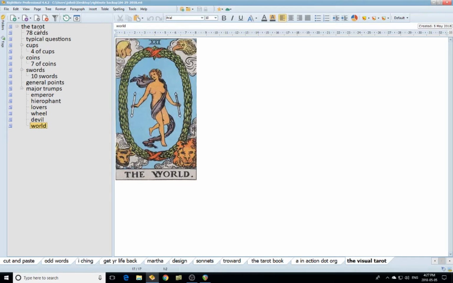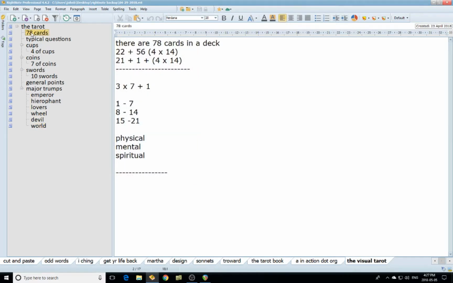But I want to look at this one here called 78 cards, because we know that if you add up 1 plus 2 plus 3 and so on, going up to 12, that gives us 78. But I wanted to look at some of the lower numbers first.